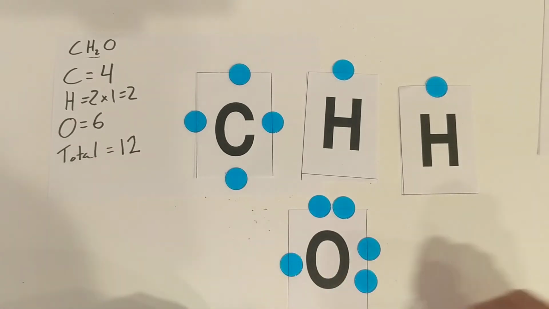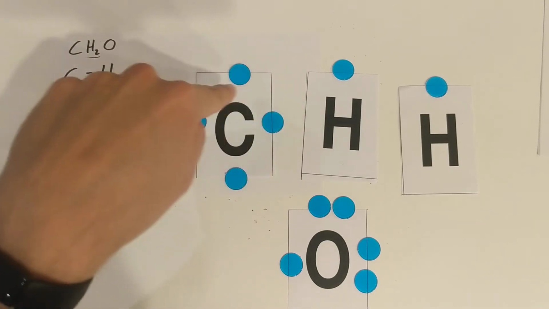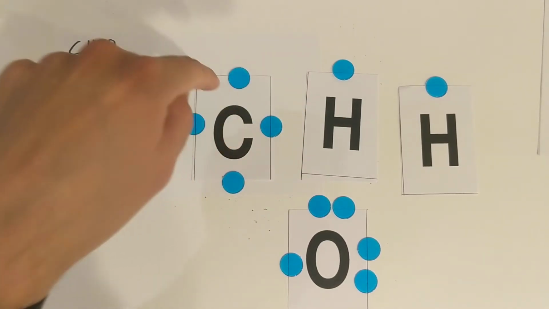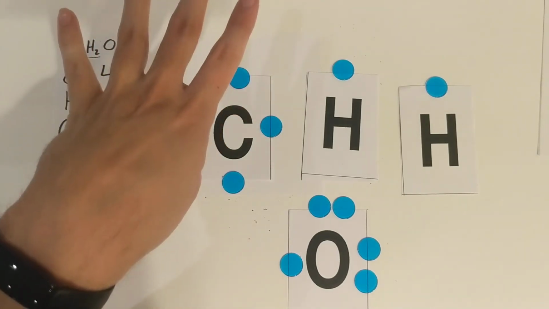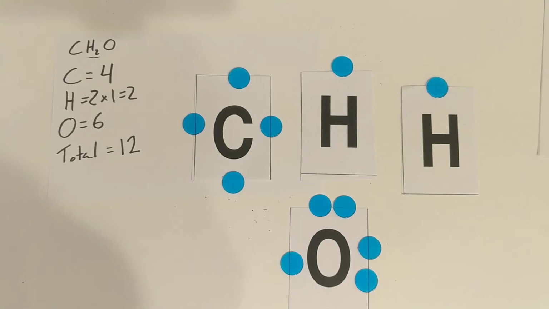So we can see what some problems we might come into. So which one's going to want to be in the center? It's going to want to be carbon, because carbon wants to make 4 bonds. Hydrogen just want to make 1 bond. And oxygen wants to make 2 bonds.